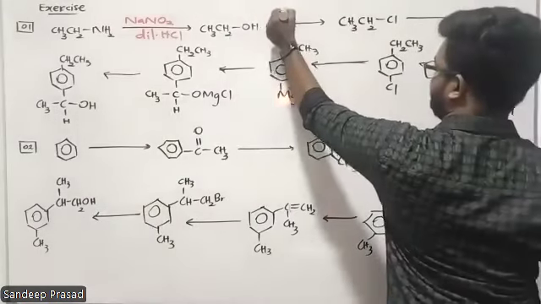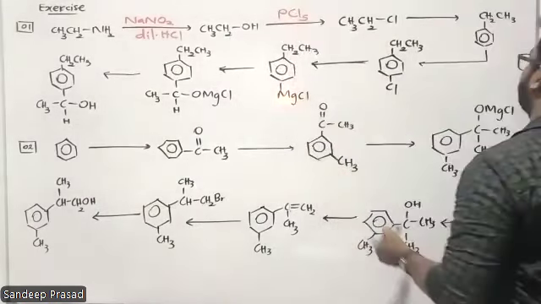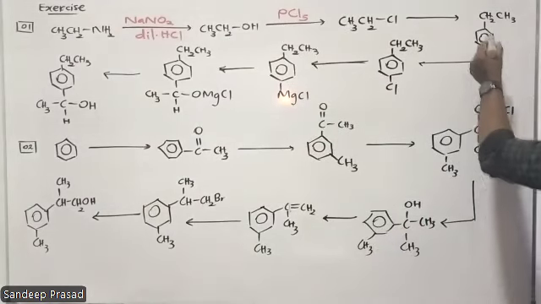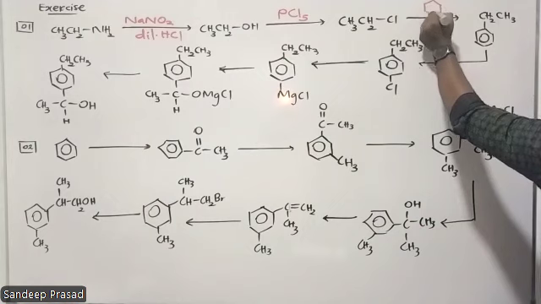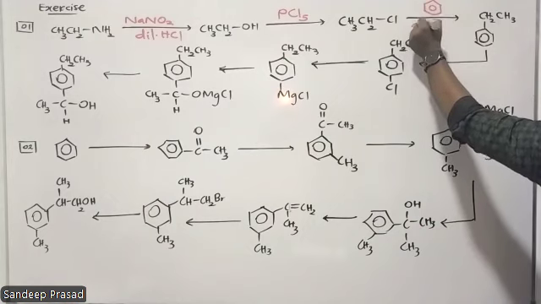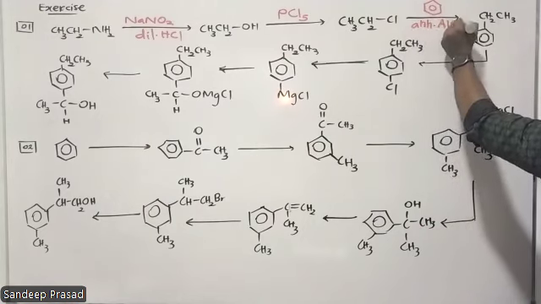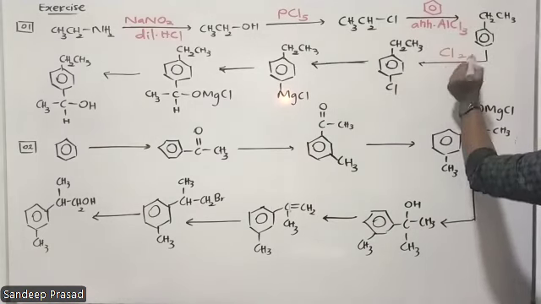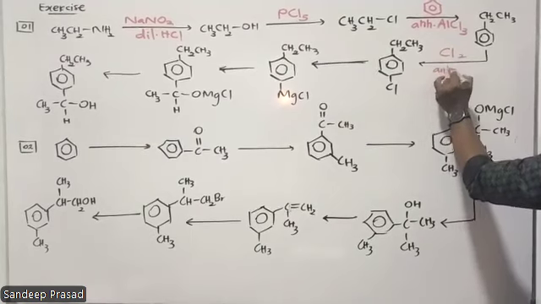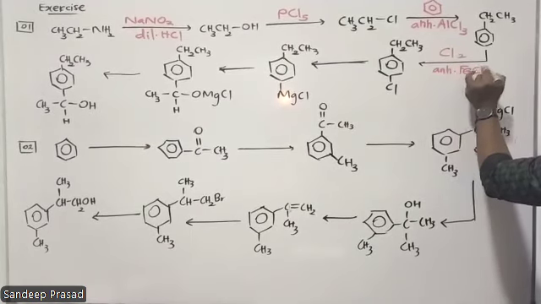Then here PCl5 is added. And here you can say that this is an alkyl halide, then Friedel-Crafts alkylation, benzene and anhydrous aluminium trichloride is added. Then chlorination, chlorine with anhydrous, let me put here ferric chloride, FeCl3.